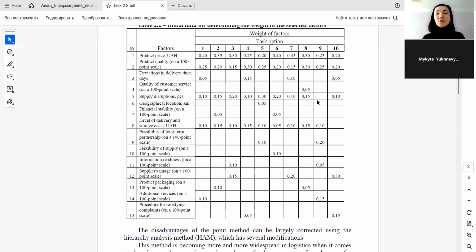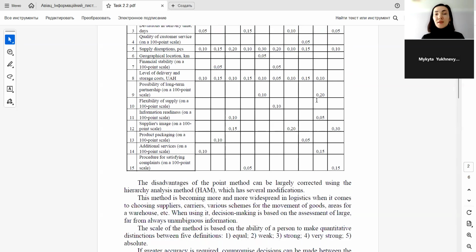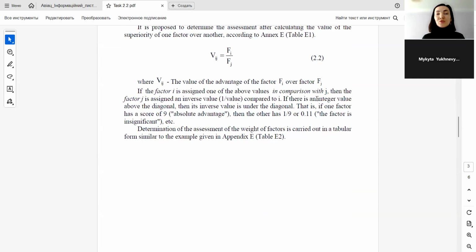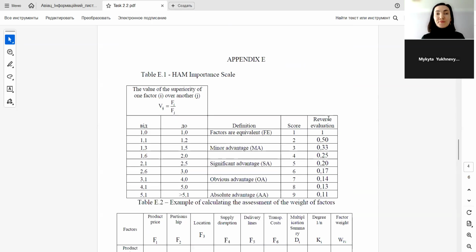So we've calculated it and find meaning in this table E.1.